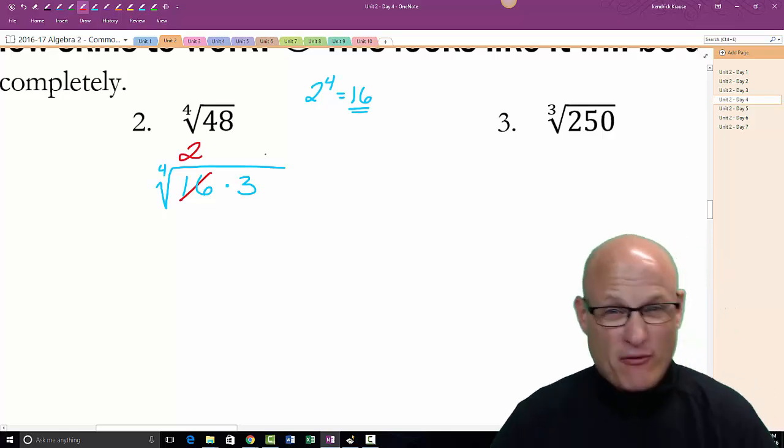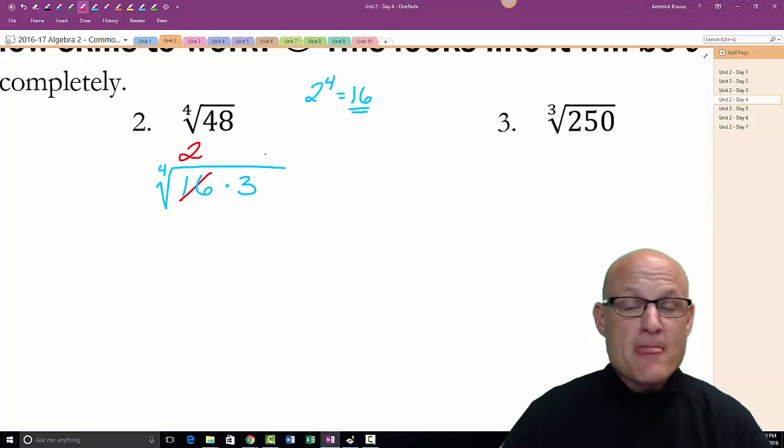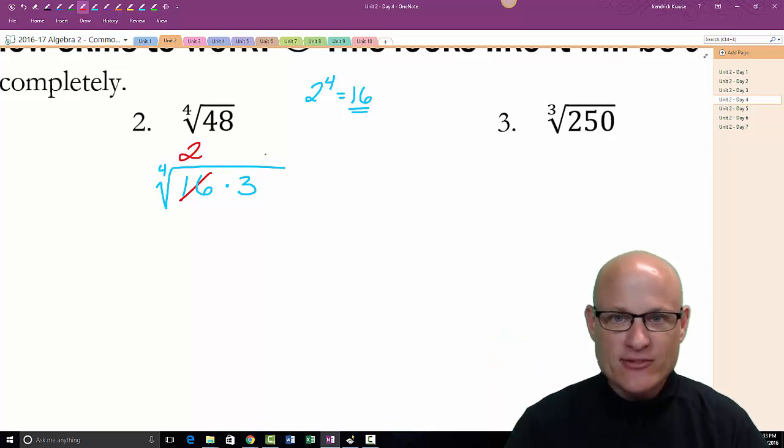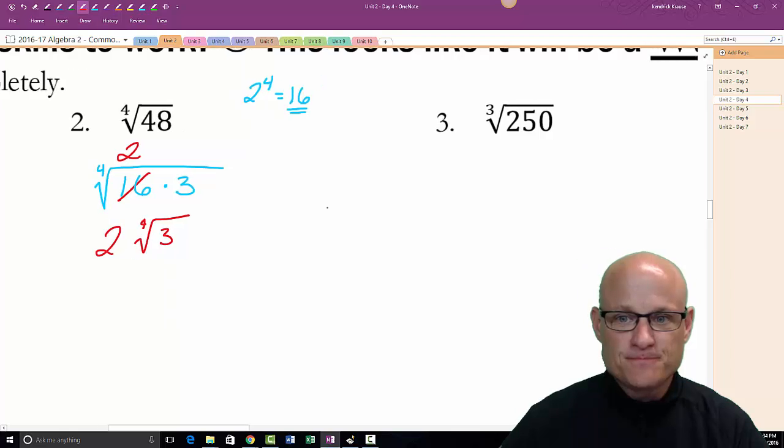Do you know how many kids are going to put a 4 there because they think it's a square root, not a fourth root? So you got to be really careful. Pay attention to what you're doing. Be precise. The more precise you are, the better student you're going to be. So this is 2 fourth roots of 3.